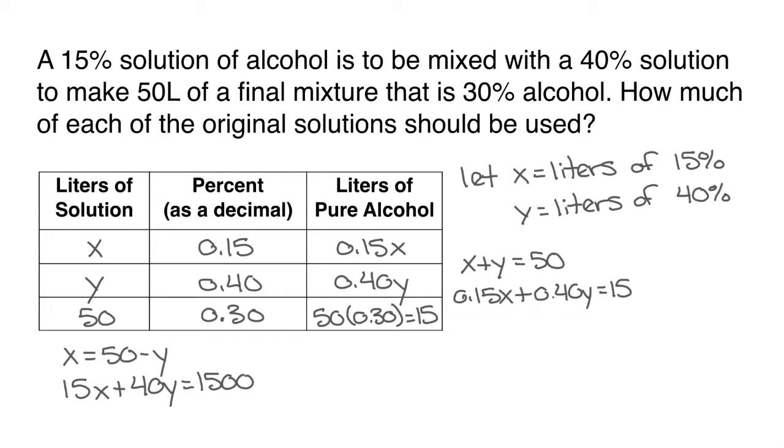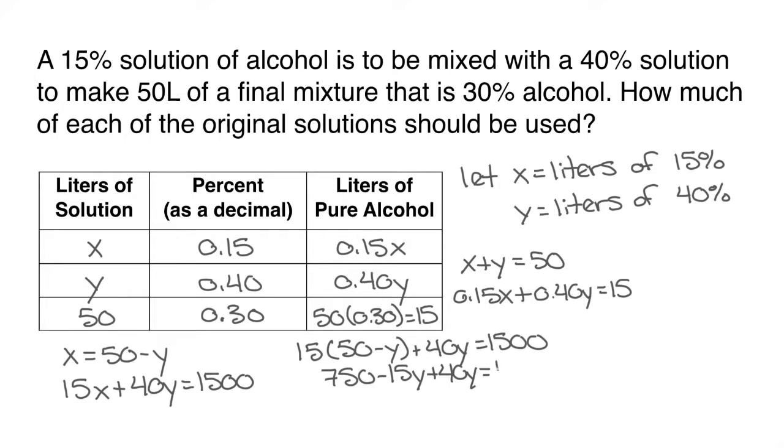Now we can use substitution. We'll substitute 50 minus Y in for X in the second equation. We have 15 times (50 minus Y) plus 40Y is equal to 1500. Using the distributive property on the left side, we have 750 minus 15Y plus 40Y is equal to 1500.